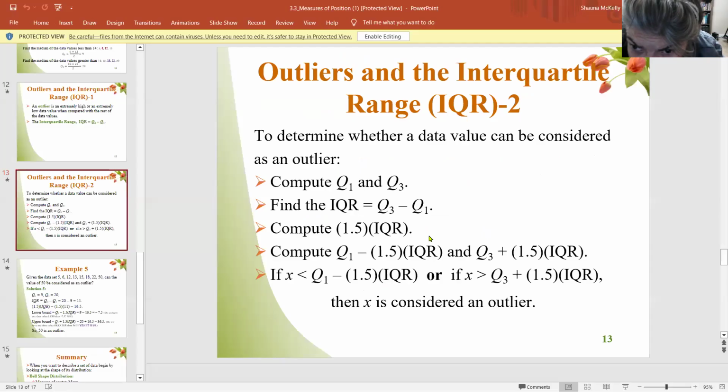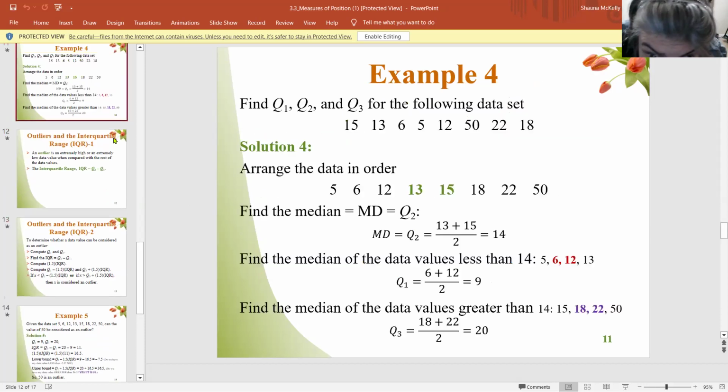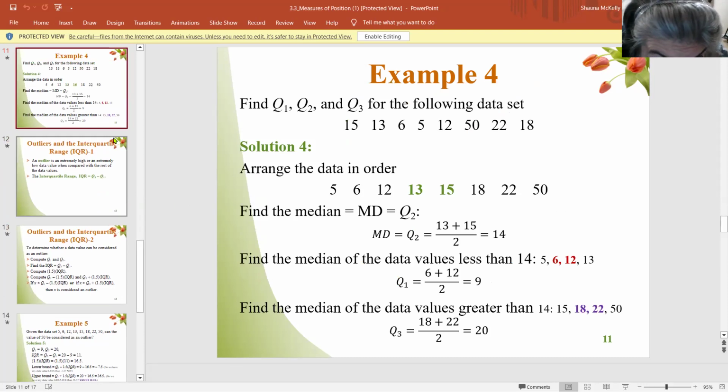First, we compute Q1 and Q3. If we're doing this by hand, then we follow this example where we arrange the data in order, find the median of the entire data set, and then find two other medians.